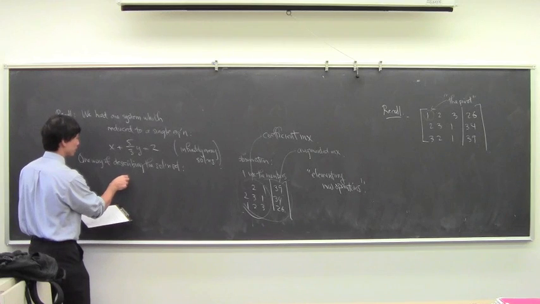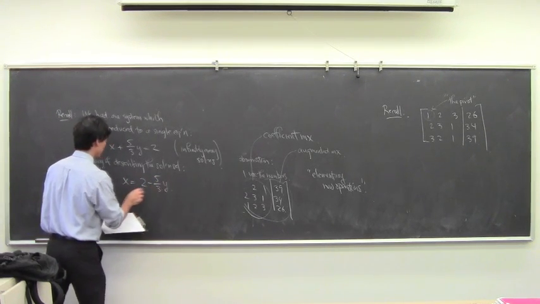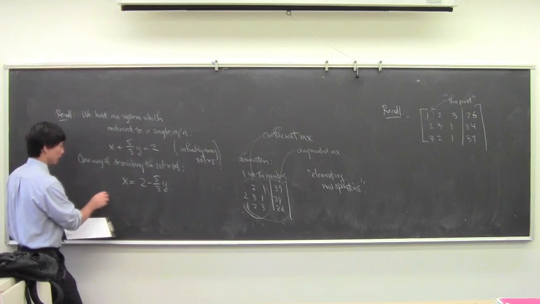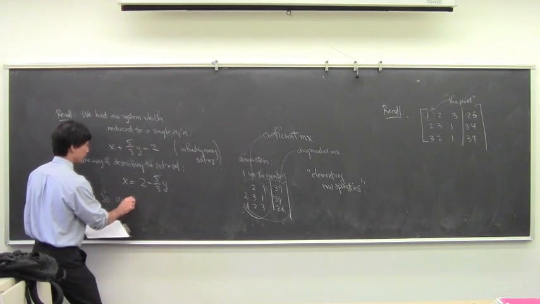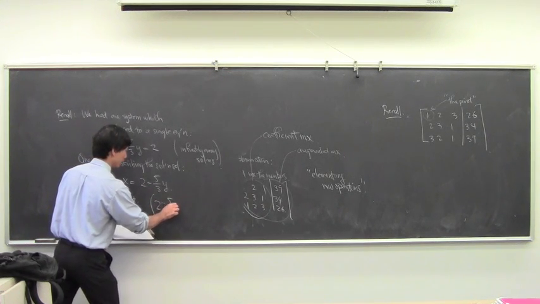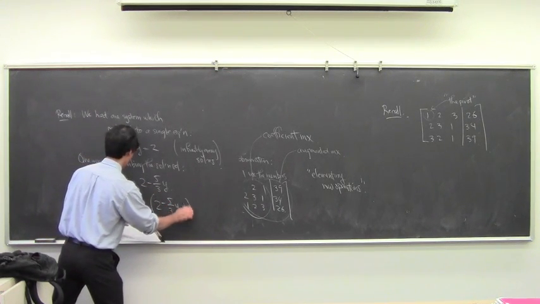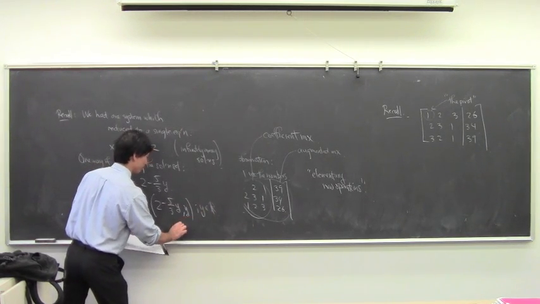You solve for x. You say, well, x is going to be 2 minus 5/3 y. Any point of the form (2 minus 5/3 y, y), where y is any number, will do.